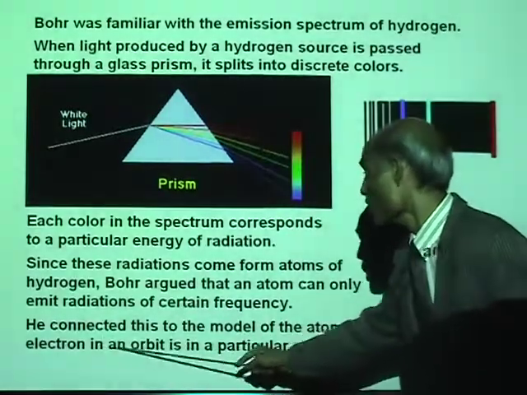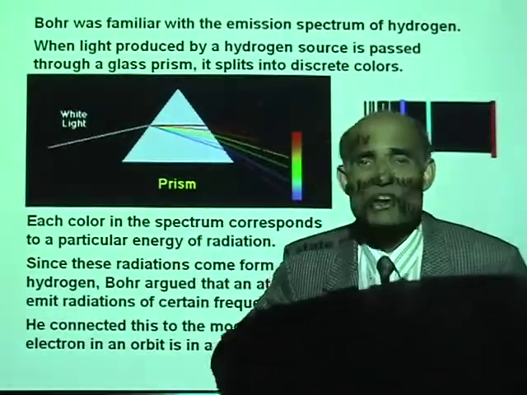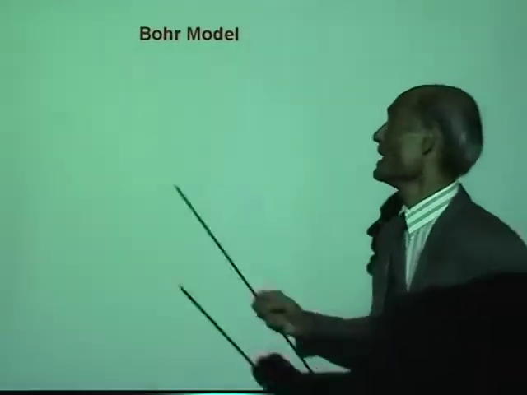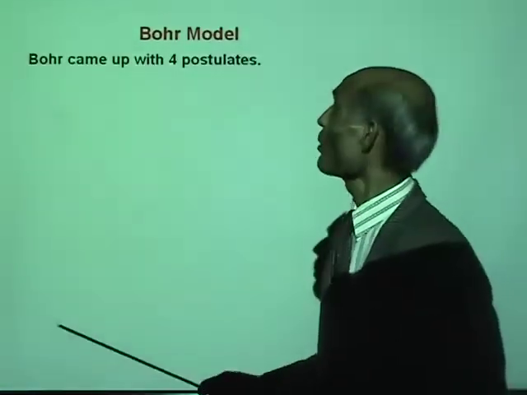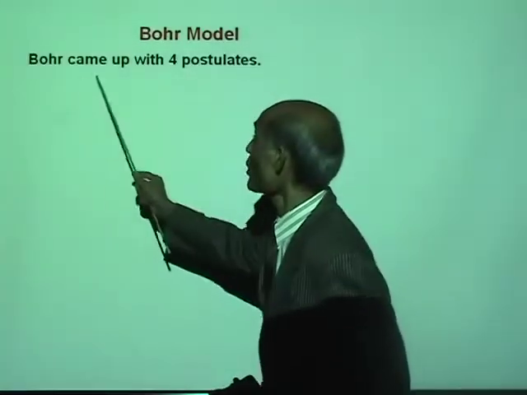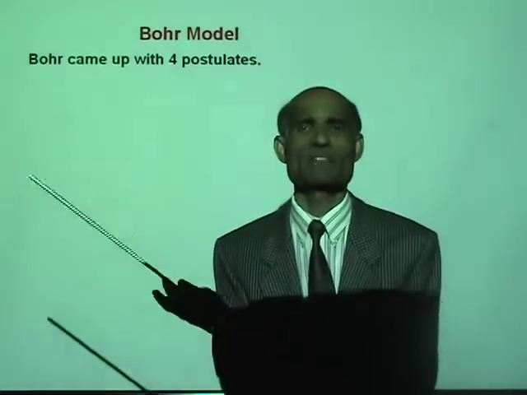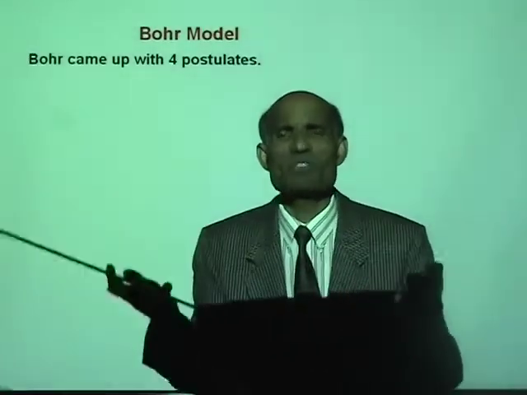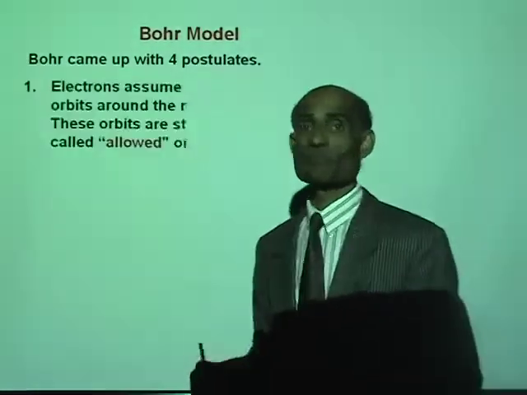So an electron in an orbit corresponds to a particular energy value, and that leads us to the Bohr model of the atom. What is the Bohr model of the atom? Bohr came up with 4 postulates. What are postulates? Well, they are like hypotheses, suggestions, or arguments.